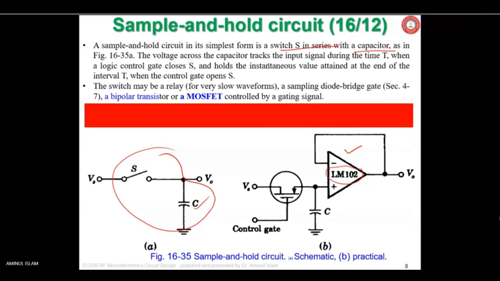The voltage across the capacitor tracks the input signal during the time t when a logic control gate closes S. This is closed, meaning on, and it holds the instantaneous value attained at the end of the interval t when the control gate opens the switch. The switch may be a relay for very slow waveforms, a sampling diode bridge gate, or a bipolar transistor, or a MOSFET. And MOSFET is the most used nowadays.